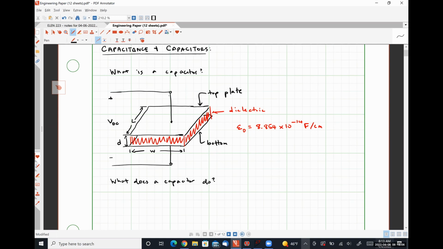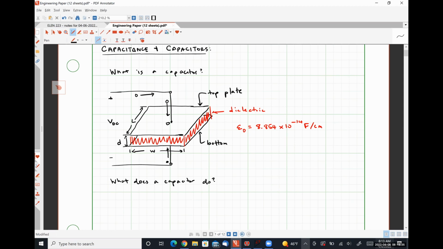So what we would see is a positive charge carrier. Well, really, it's actually an electron in the metal that makes up the plate, but we're going to treat it as if there were a positive charge carrier. So we would see a positive charge carrier get pushed until it sits on the plate, and that would draw a negative charge carrier to the negative plate.